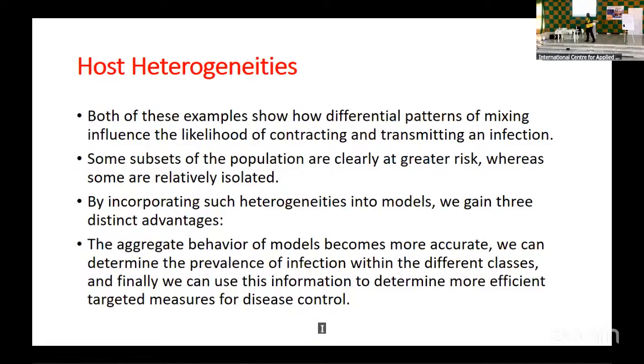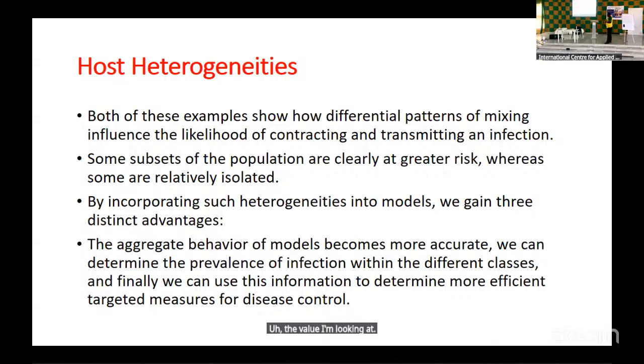I laid the foundation, bringing to our mind that we need to go beyond the homogeneous model that we have been discussing so far, and look at other characteristics of the population that can influence the dynamics of any particular disease that you are looking at.